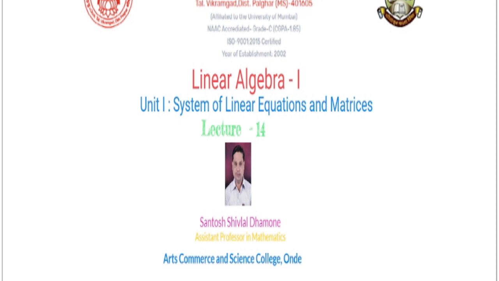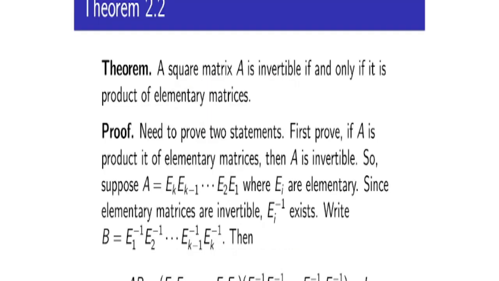In last lecture, we discussed the definition of elementary matrices and proved some theorems on elementary matrices. Last lecture ended with one theorem. If you remember, what is the statement of the theorem?